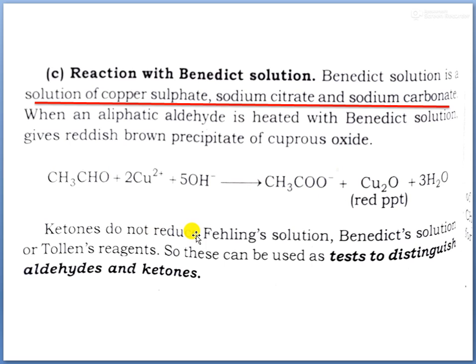Ketones do not give this reaction, and ketones do not reduce Fehling solution, Benedict solution and Tollens reagent. So all these tests can be used to distinguish between aldehydes and ketones.